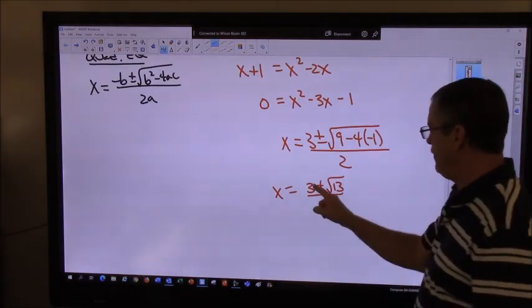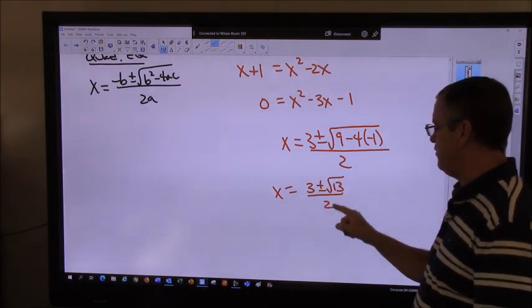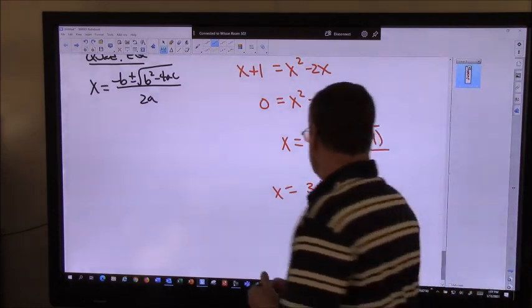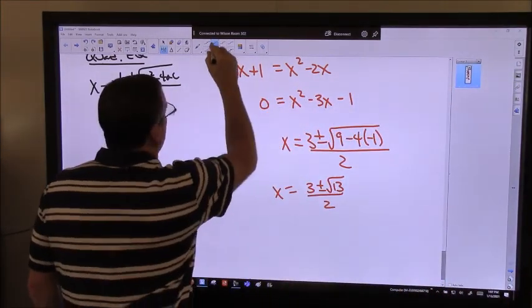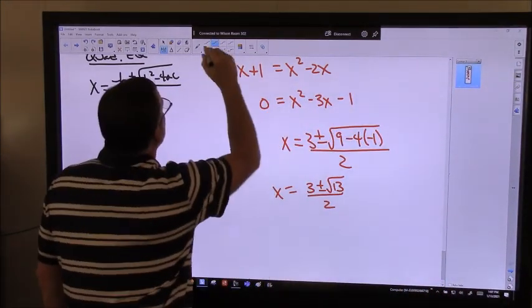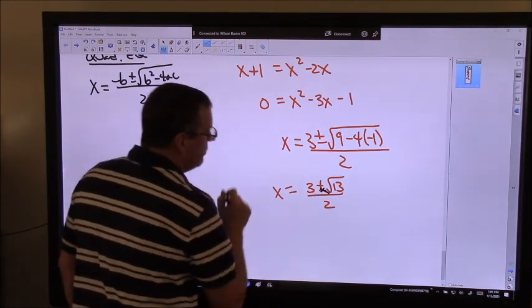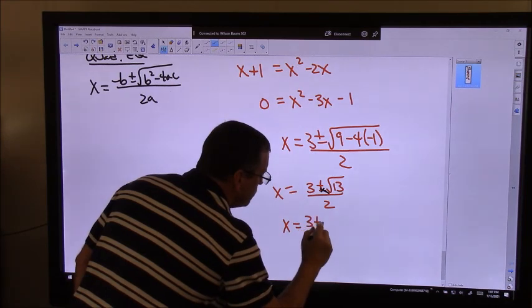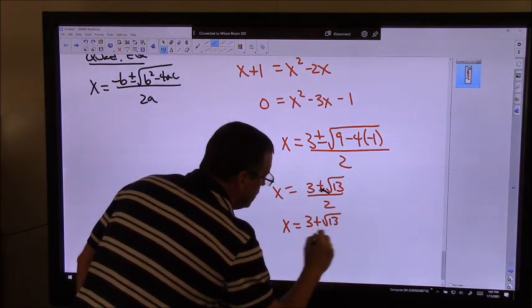All right, I'm pretty sure if I do 3 plus the square root of 13 and divide that by 2, I'm going to get a positive number. So let me put that in there. We're going to throw out the negative sign, and our answer is going to be x equals 3 plus square root of 13 over 2.